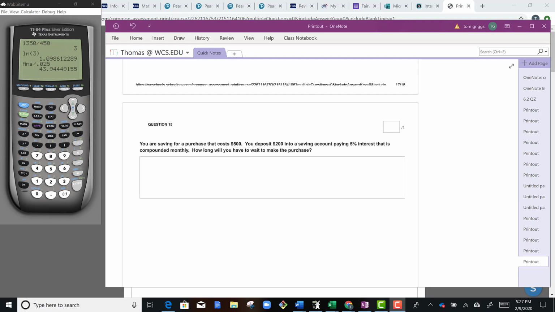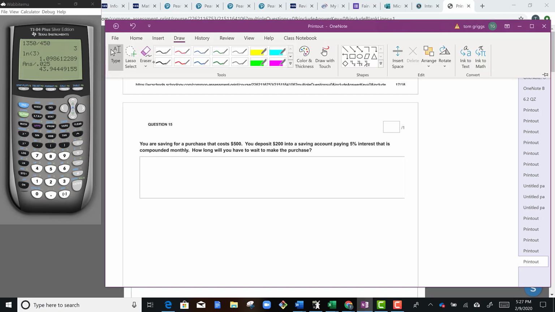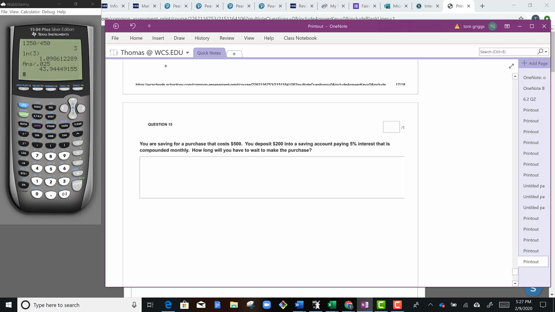So let's look at a similar problem. You are saving for a purchase that costs $500. You have $200 deposited. It's a pretty similar setup. Only difference is a different formula because we are compounding monthly. So no e this time.